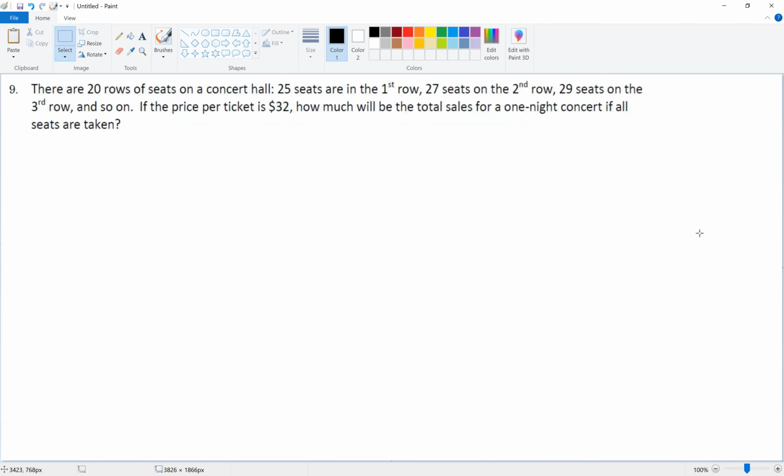Number 9, Eden. For number 9, what I did was, okay, so there are 20 terms. We know that in total. U1 equals 25, U2 equals 27, and U3 equals 29. Since I know that the difference between all of these is 2, we know that D equals 2.